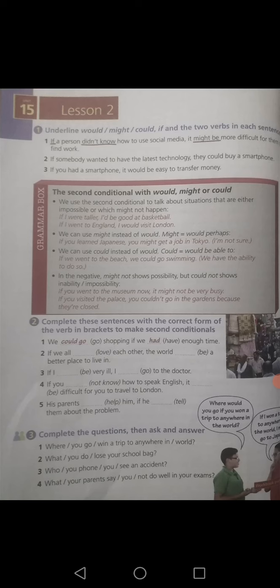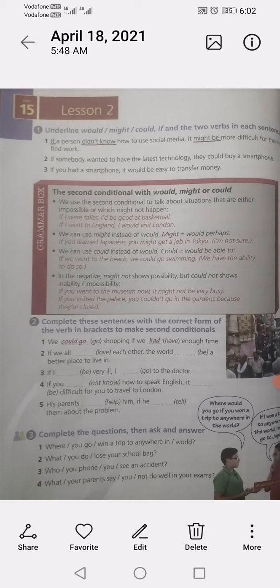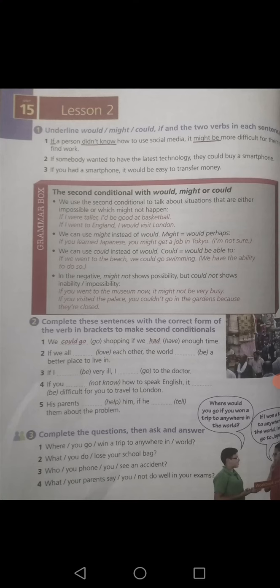Let's read these examples. If you went to the museum now, it might not be very busy. Here, might not be shows what? Yes, shows possibility. But in the example number 2, if you visited the place, you couldn't go in the gardens because they are closed. Here, couldn't go means, yes, inability or impossibility.